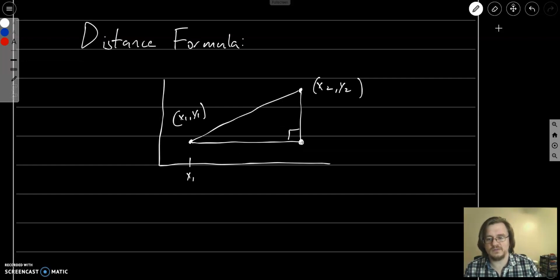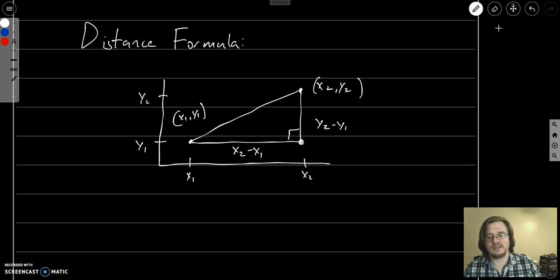Here, if we're going from x1 over to x2, this distance here is going to be x2 minus x1, the difference in the x values. And over here, the distance from top to bottom, from y1 to y2, is going to be y2 minus y1.